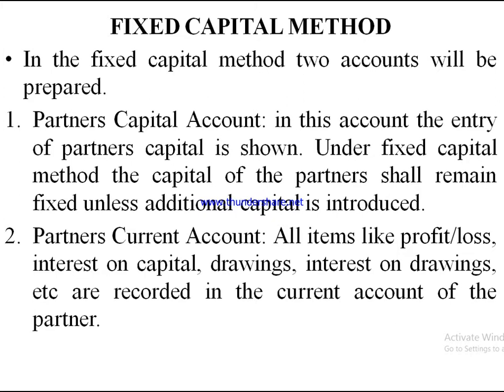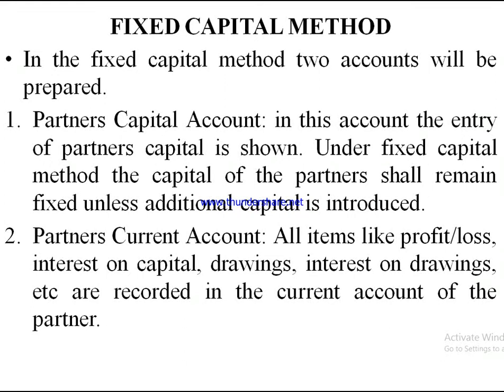Next, Partners Current Account. Items like profit or loss, interest on capital, drawings, interest on drawings, etc. All the transactions other than capital will be shown in the Partners Current Account, because these keep on changing, right?